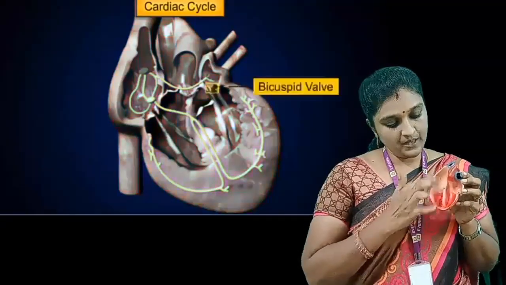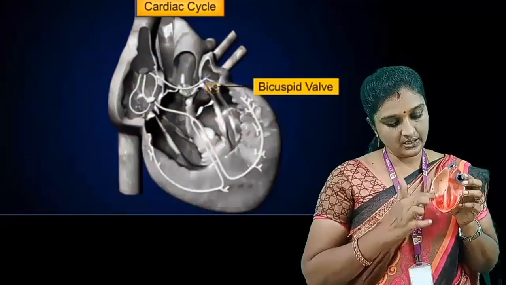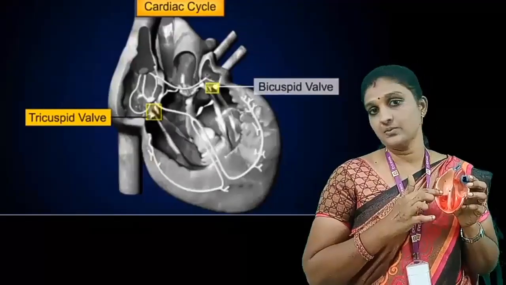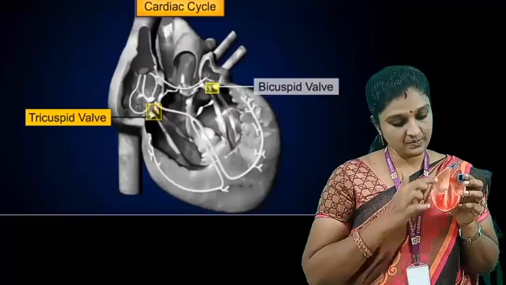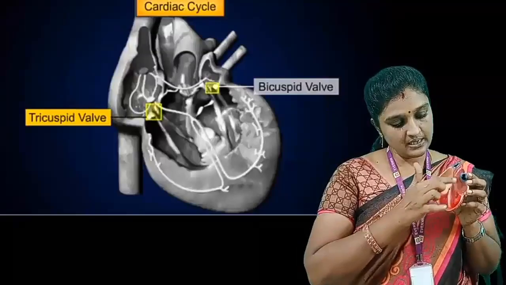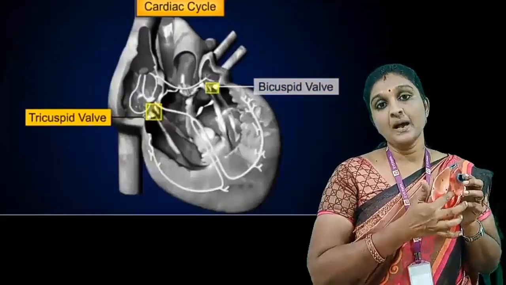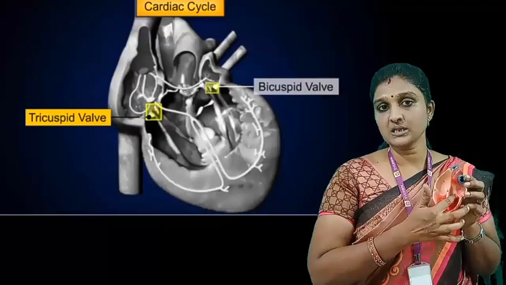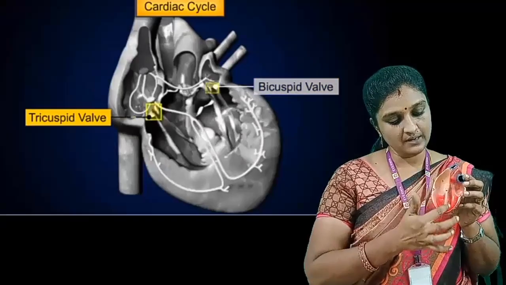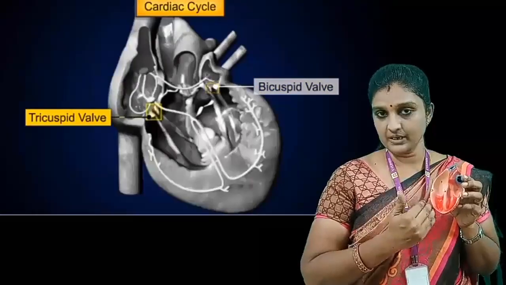Between the right auricle and right ventricle, you have one important valve called the tricuspid valve. If you see the left side, between the left auricle and left ventricle you have the bicuspid valve or mitral valve, which separates the auricle and ventricle.